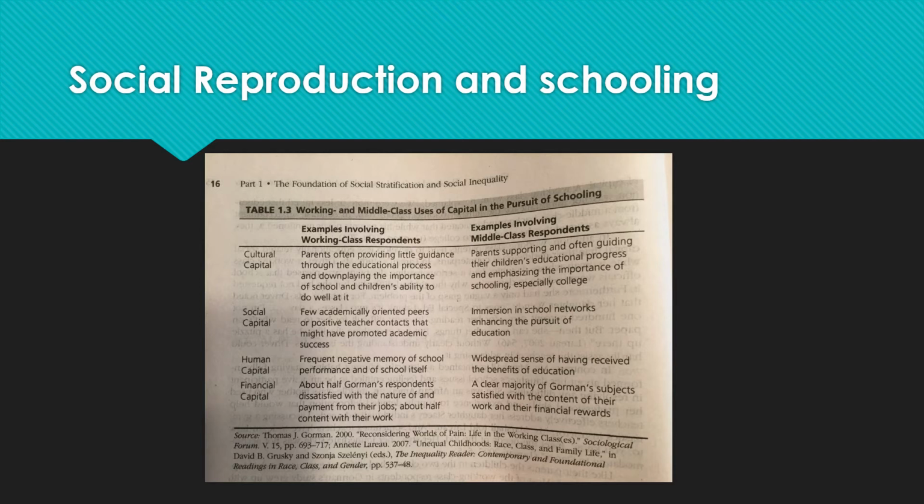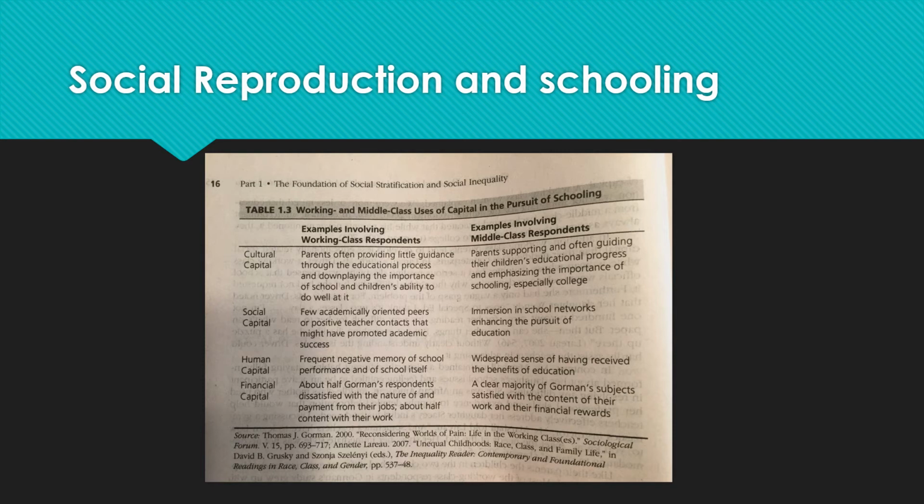Then for human capital for the working class, there's a frequent negative memory of school performance and of school itself. It's not exactly something that they've necessarily enjoyed or remember spending a lot of time or happiness in, whereas the middle class has a widespread sense of having received the benefits of education. They really feel like it made a difference in them as a person, in educational and social elements.